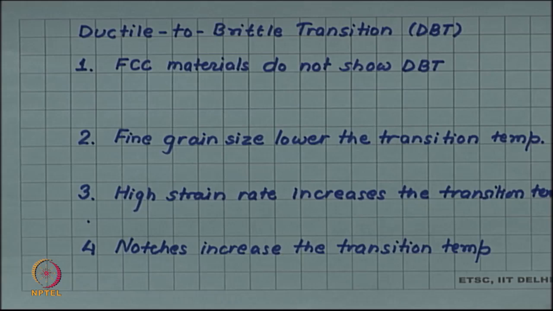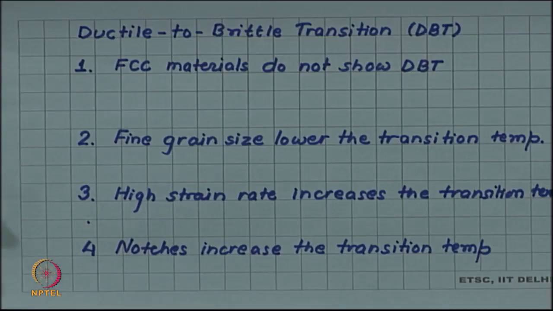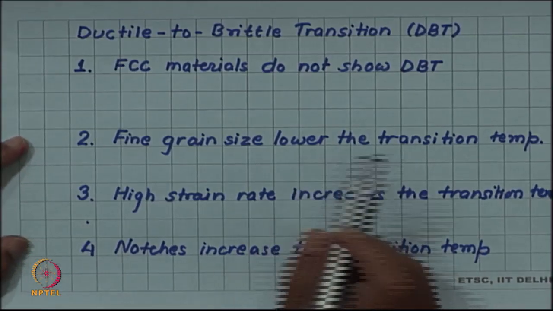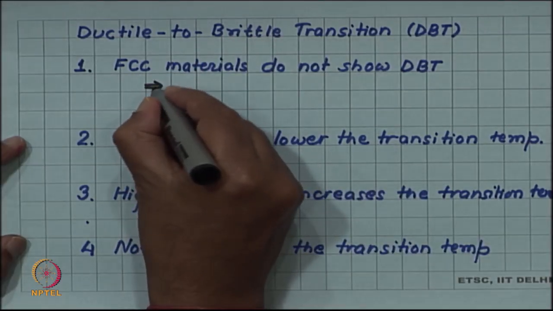So, let us look at some of the facts about ductile to brittle transition. FCC materials do not show DBT, ductile brittle transition. So, they are very good. These materials are good for cryogenic application.